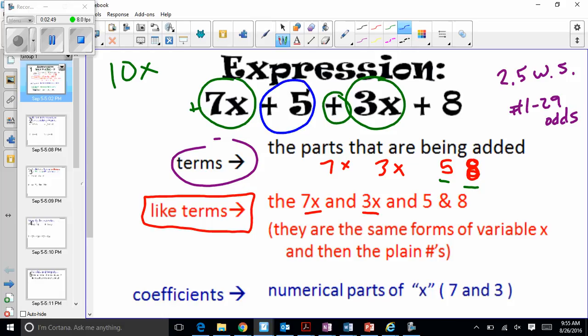So I'll take a positive 5 and a positive 8. Notice how I'm circling the sign that is preceding the number. That just travels with it wherever it goes. I bring those together, and 5 plus 8 makes a positive 13. So this new expression, or simplified expression, is 10x plus 13.